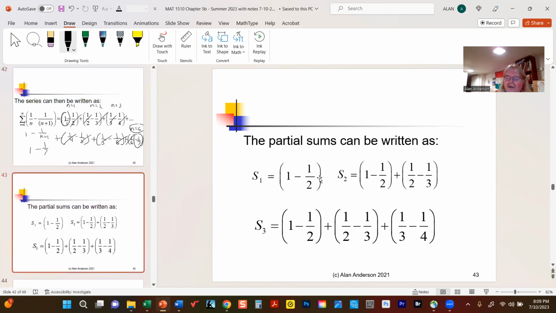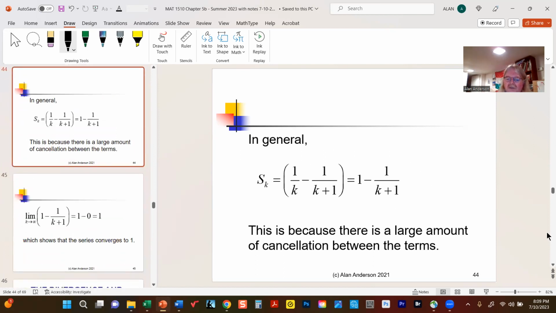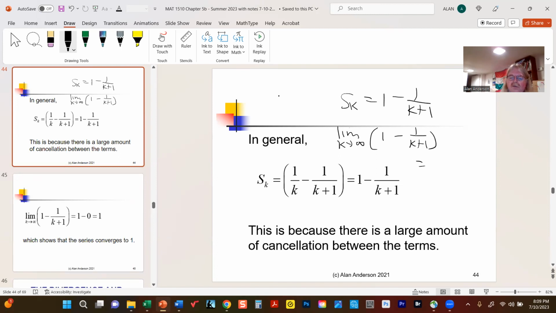All the rest drop out because it is a telescoping series. So in other words, we can write the general form for s_k as 1 minus 1/(k+1). And of course, as k goes to infinity, at least in this case, we'll have 1 minus 0, which is just 1.